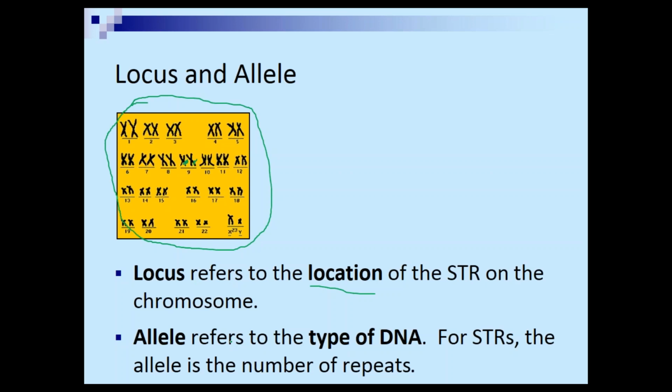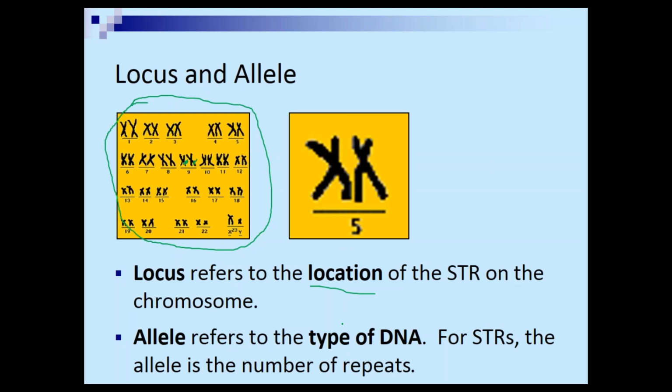The allele refers to the type of DNA. Now, alleles, if you remember your Mendel genetics from high school, with the Punnett squares and capital A, lowercase a, and all that stuff, here the allele is not going to be a dominant and recessive gene. Here, the allele, the type of DNA, we're going to describe by the number of repeats. Let's go over an actual example.